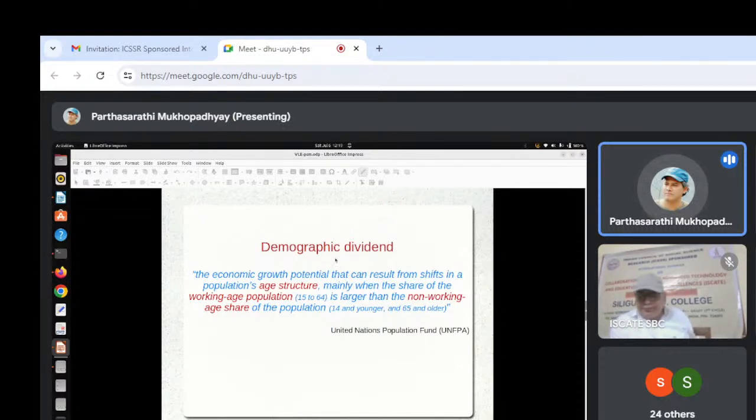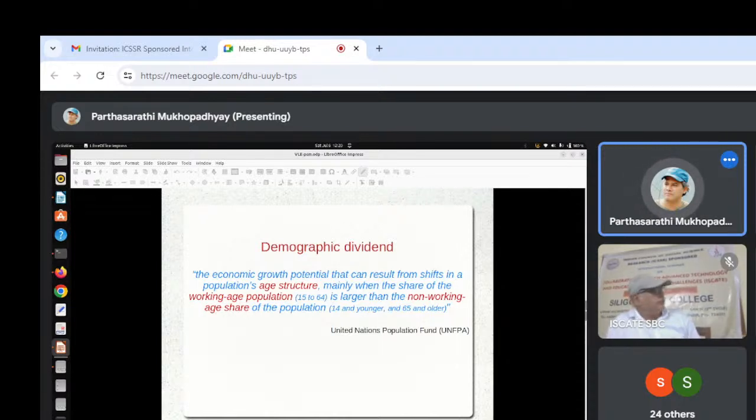What is demographic dividend? This is defined by the United Nations Population Fund. In the demographic study of a given country's population, the working age share is normally lower than the non-working age share. Who belongs to the non-working age group?